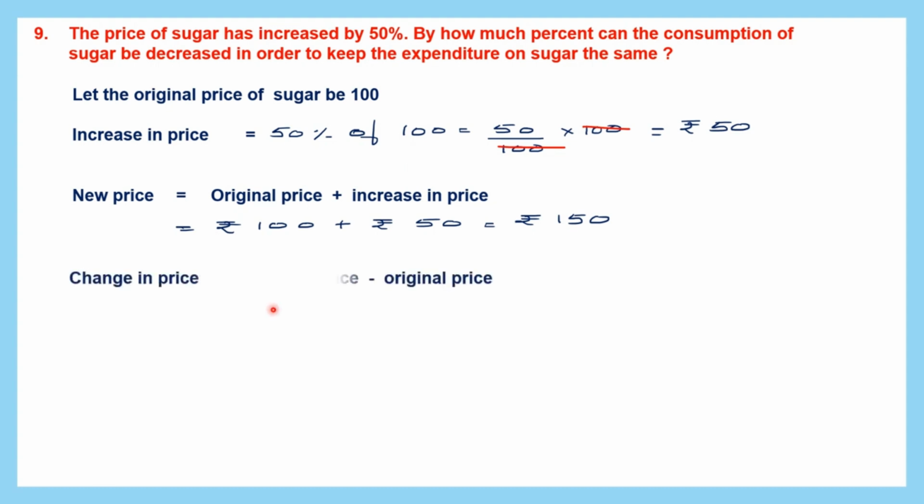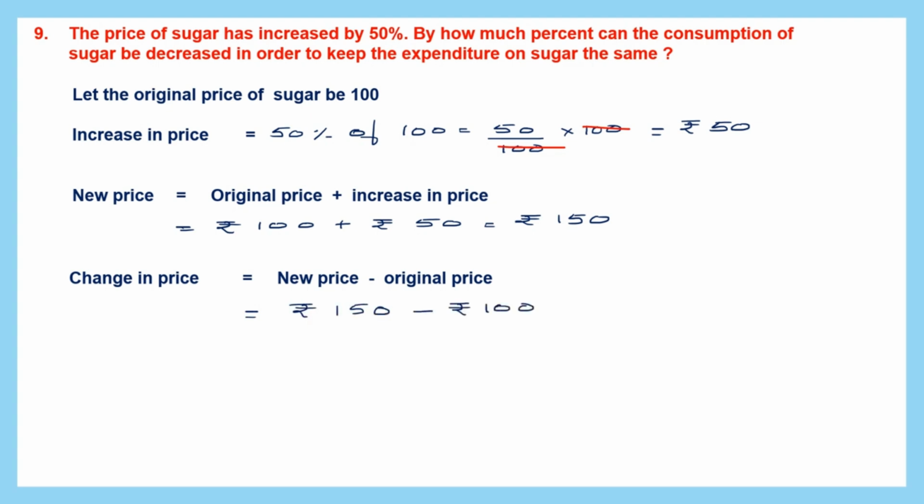So for that, we have to find the change in price first. So the change in price is the new price minus the original price. So the new price is 150 rupees and the original price is 100 rupees.